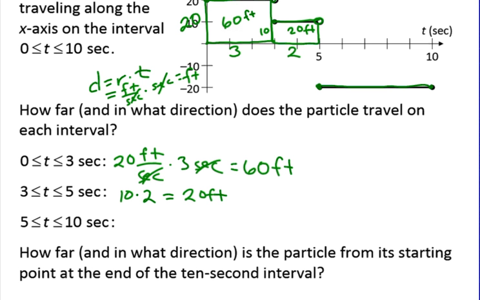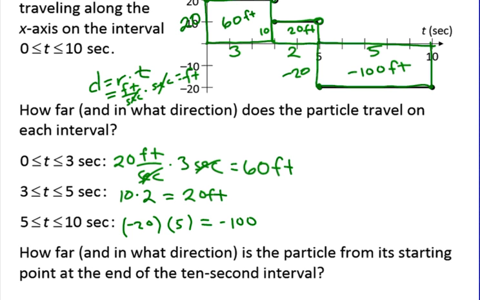Now at 5, it abruptly changes direction. It is now going to the left at a speed of 20 feet per second for an entire 5 seconds. You can see it's 5 seconds long. It's negative 20 in velocity, so that's going to be negative 100 feet. So negative 20 is my velocity, 5 is my time, so negative 100 feet.